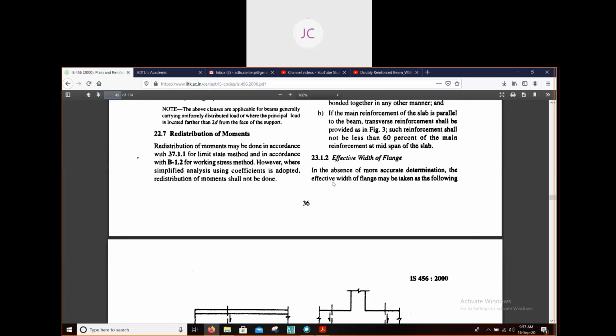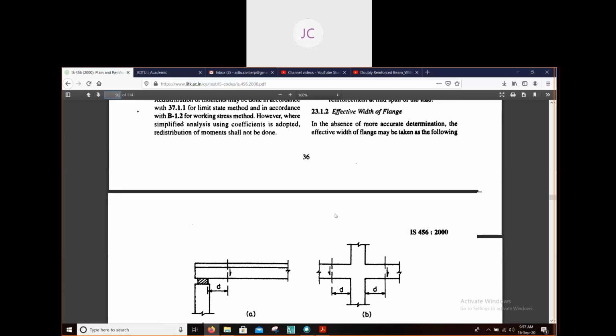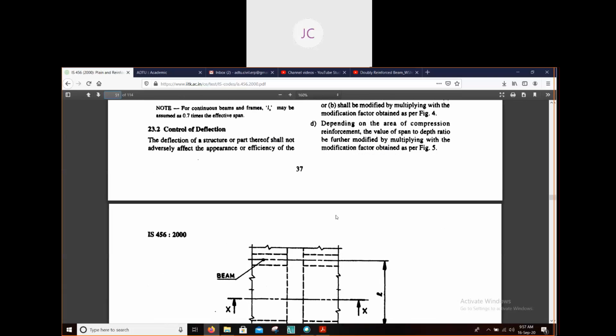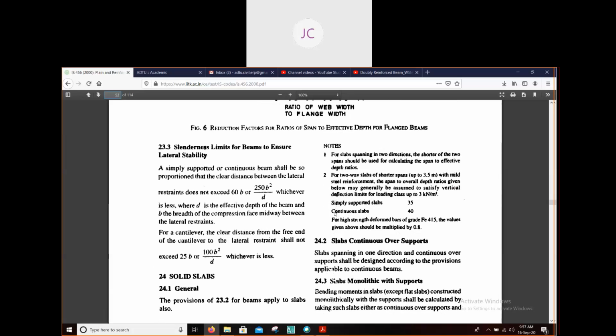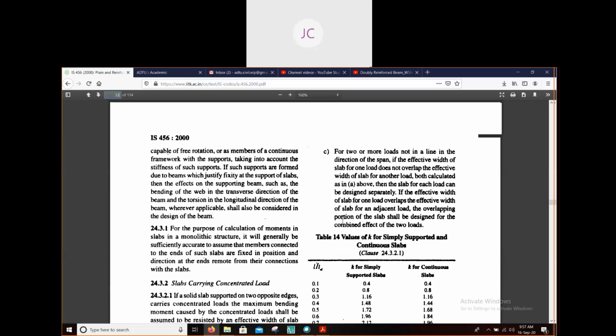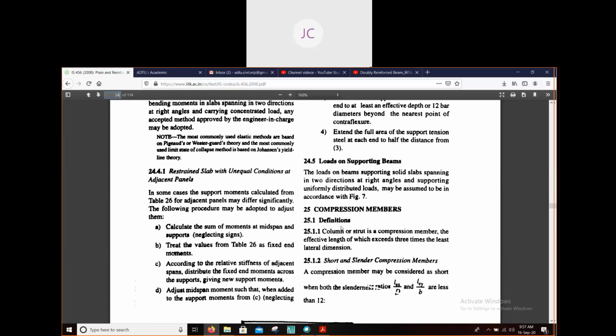It might be on page number 36, but I don't know exactly.